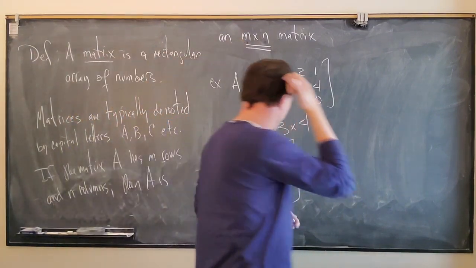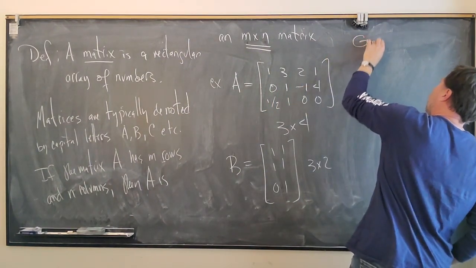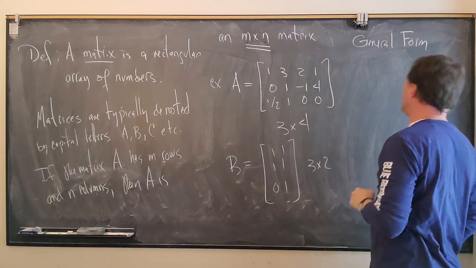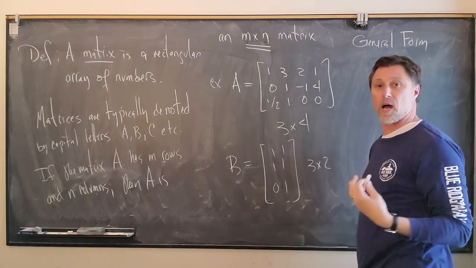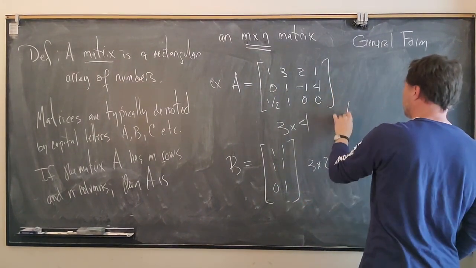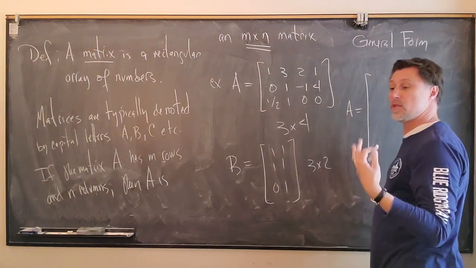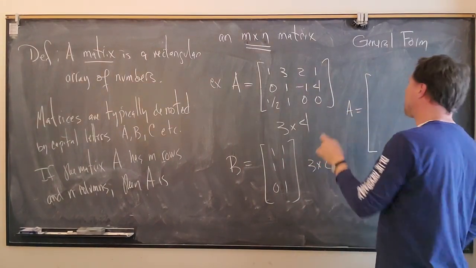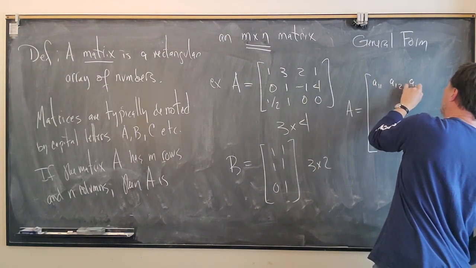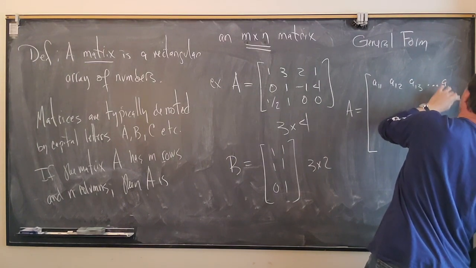So the general form will be, right, so when we want to talk about an abstract generic matrix, what we'll have is A equals, and this is the numbering system for entries in the matrix, A11, A12, A13, dot, dot, dot, up to A1n.